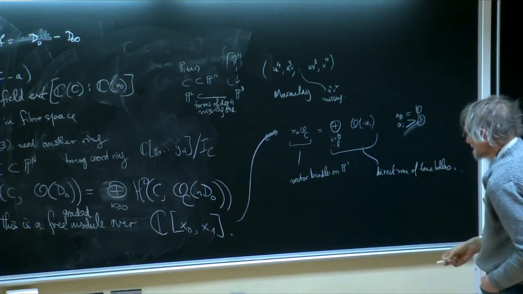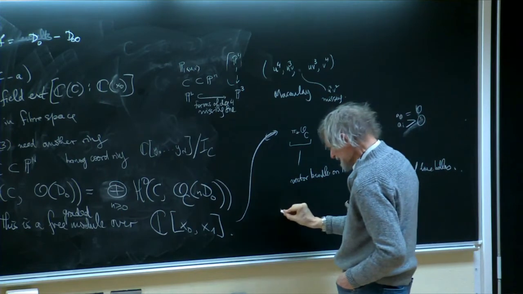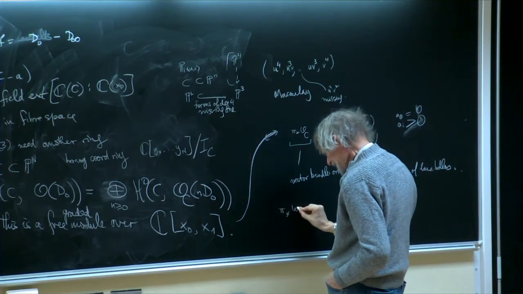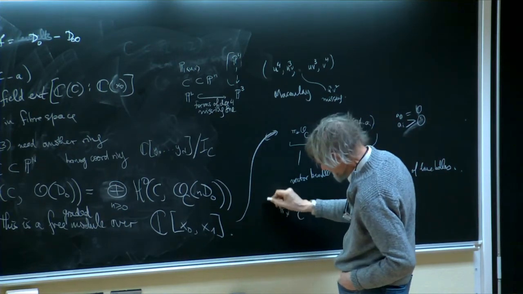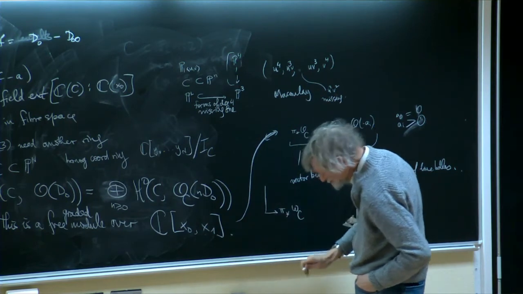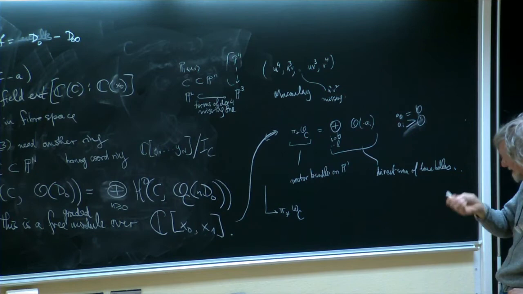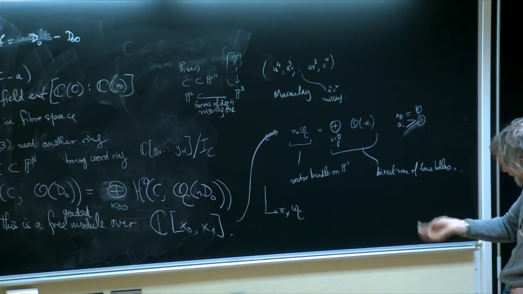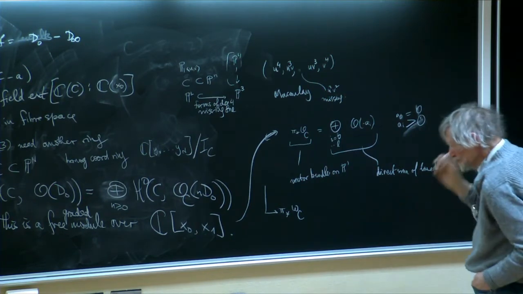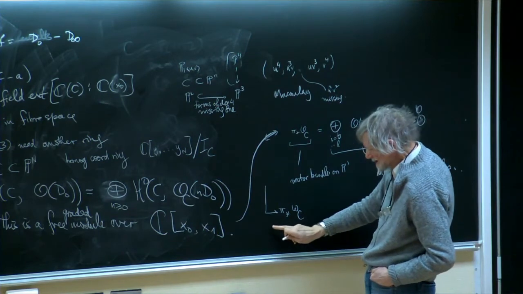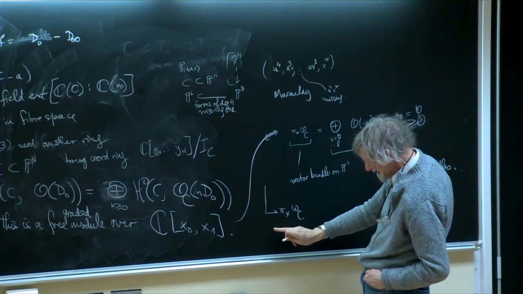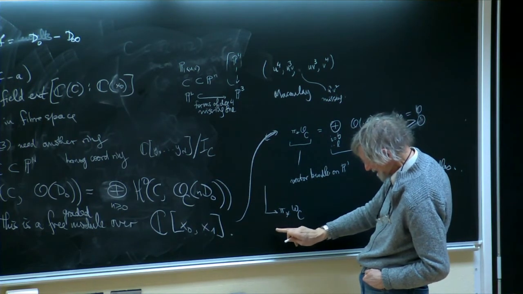And so what is pi lower star of omega C? Any proof of Riemann-Roch involves producing the canonical class. There are lots of different ways of doing it, but they can all be described as particular cases of Grothendieck duality.